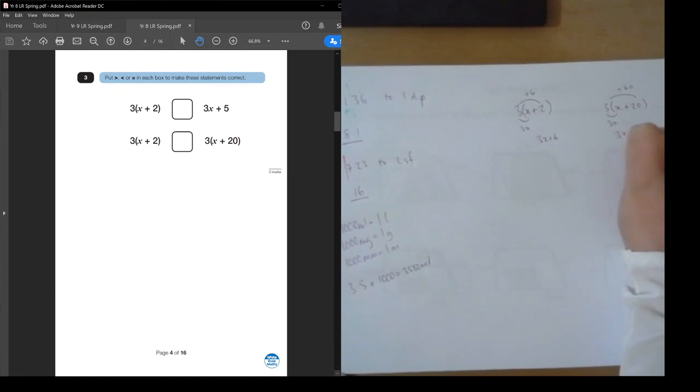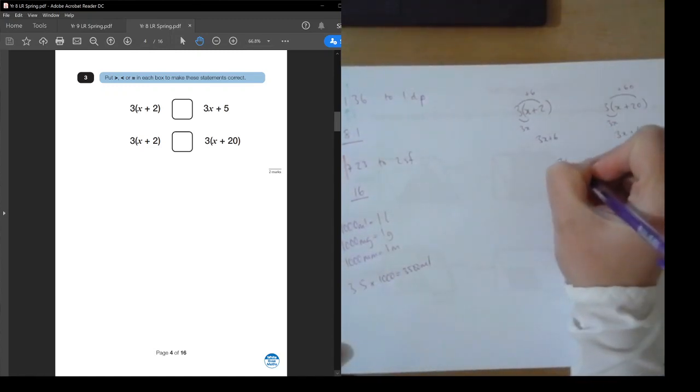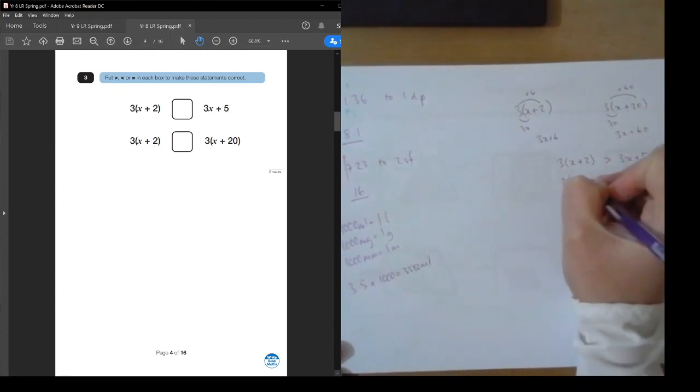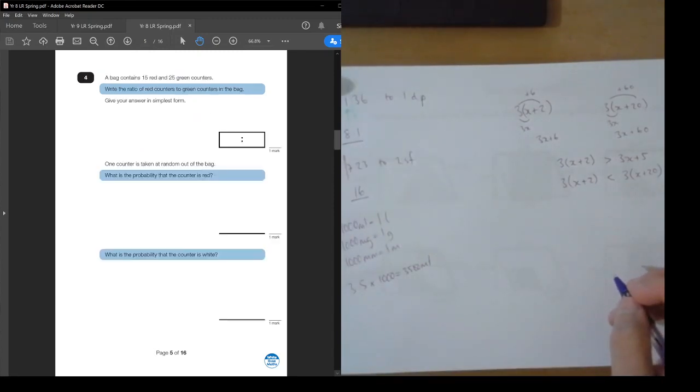Now I can pop them into these inequalities. This one becomes 3x plus 6, and I know that is more than 3x plus 5. Then I've got this one and this one. This is definitely bigger than this, so I'm going to stick it the other way. Hopefully that makes sense.